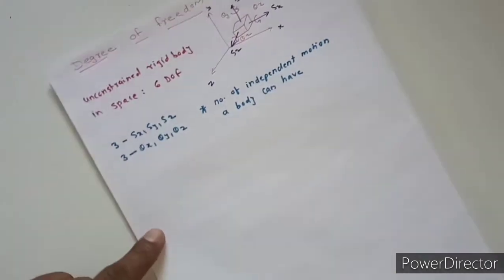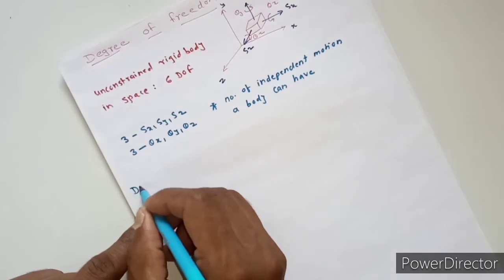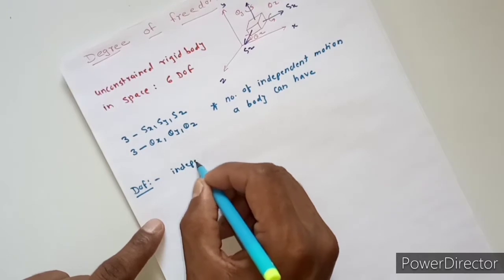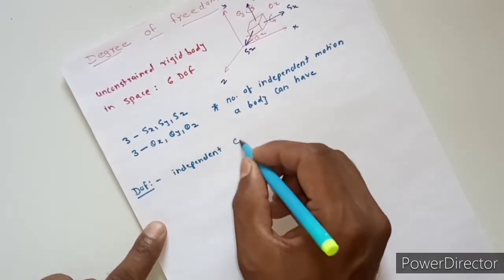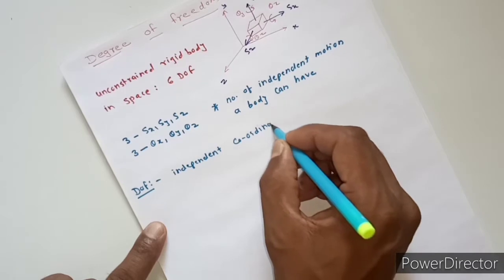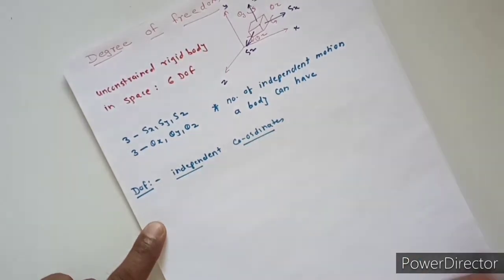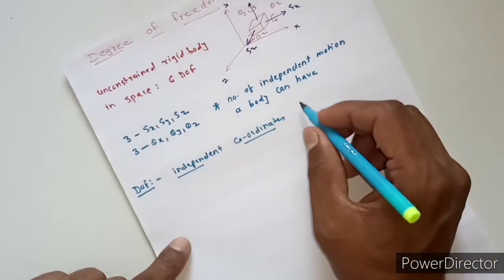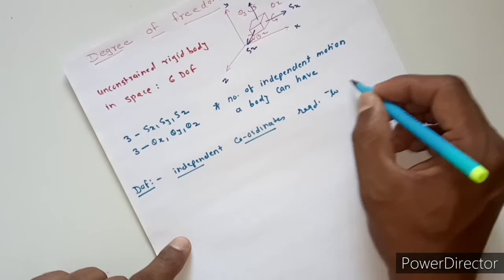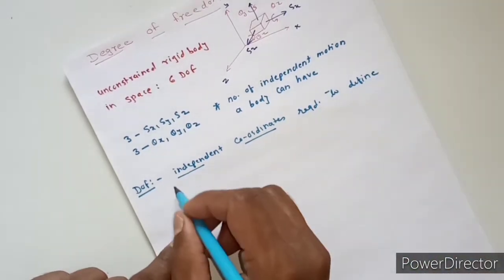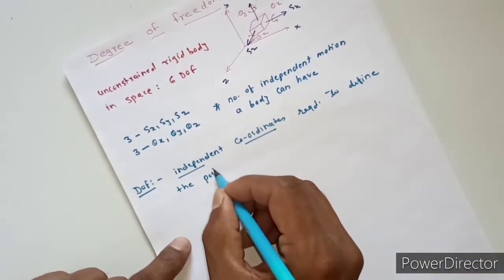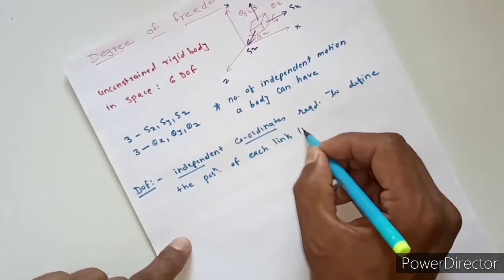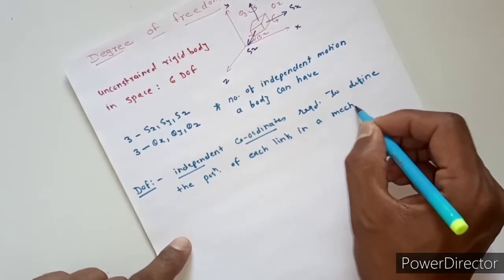Now in terms of mechanisms, we can define degrees of freedom as the number of independent coordinates required to define the position of each link in a mechanism.